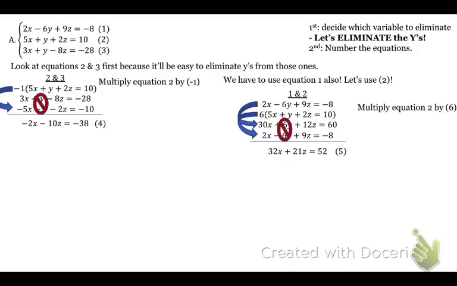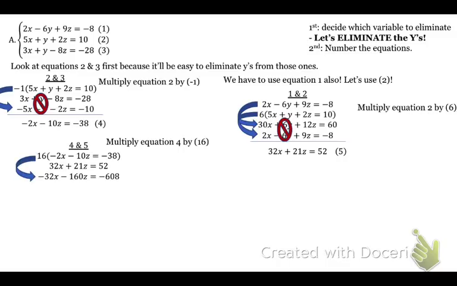So now we're going to look at 4 and 5, because I have 2 equations with 2 variables. And I'm going to eliminate my x's here, and I'm going to do that by multiplying equation 4 by 16. So I get negative 32x minus 160z, sorry, equals negative 608.